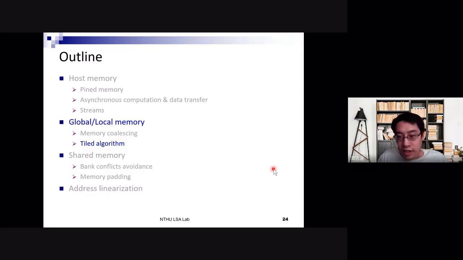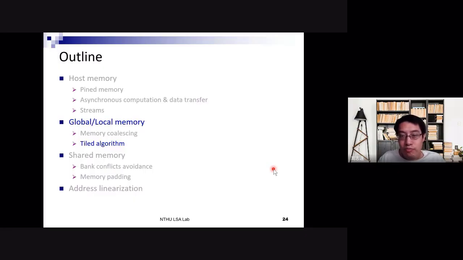That technique is just a concept, but to realize that concept, usually we rewrite our code following the technique called the tiled algorithm. It's a class of algorithms that realize the concept of loading your reused data to the shared memory.